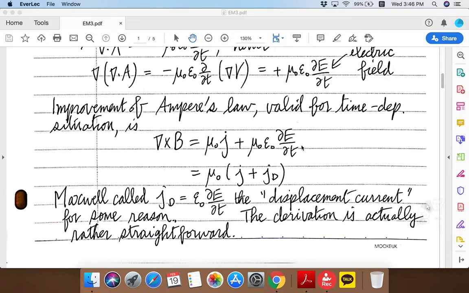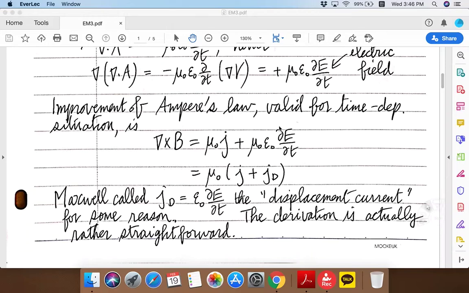So it wasn't that hard to generalize the old situation to the new situation. And luckily, this turns out to be the complete answer. This is sometimes known as the displacement current. This is the theoretical invention of Maxwell when he worked on the theory of electricity and magnetism.